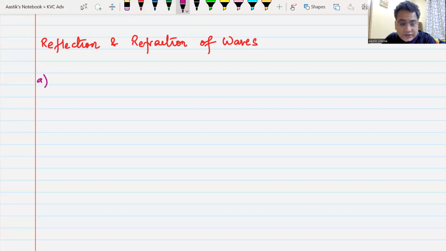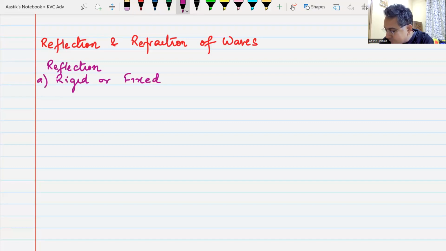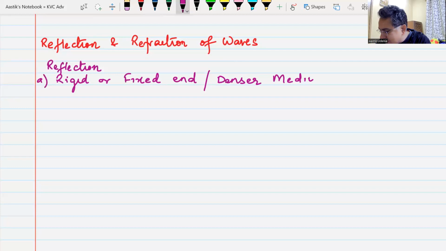If I talk about reflection of waves, this reflection can be from a rigid or fixed end, or it could be from a denser medium. Now, what do I mean by this denser medium and this rigid or fixed end?